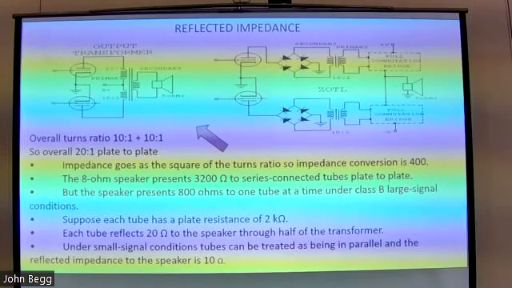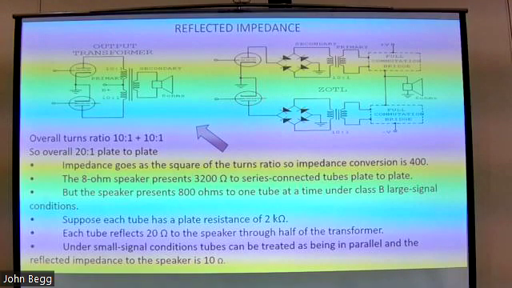Next slide. Now this gets kind of difficult to follow maybe, but the first thing I should probably say is that the turns ratio converts one voltage to another by the actual number of turns.